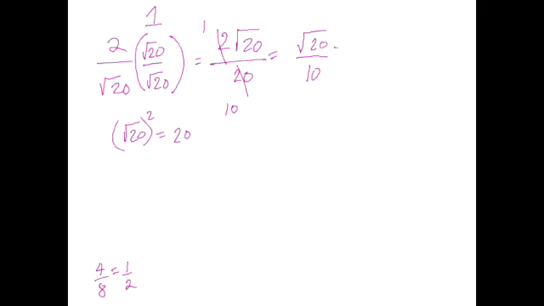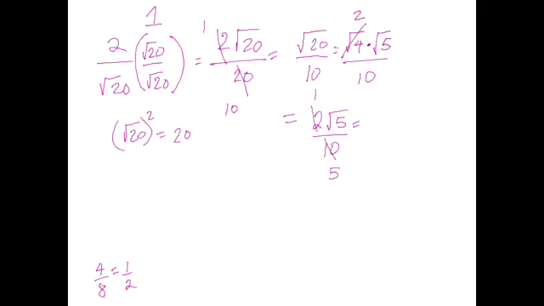But I'm not done. Once again, the square root of 20 can be written as the square root of 4 times the square root of 5 all over 10. And the square root of 4, again, is 2. So if I write a simplified answer, 2 times the radical 5 over 10, yet it is still not simplified.